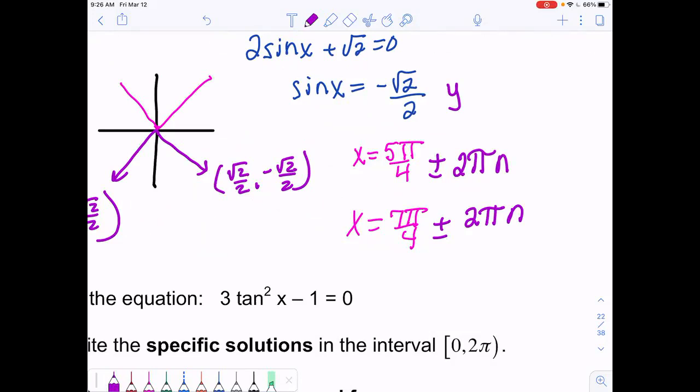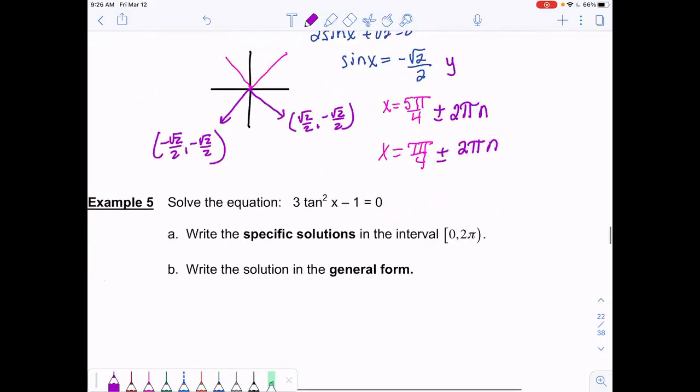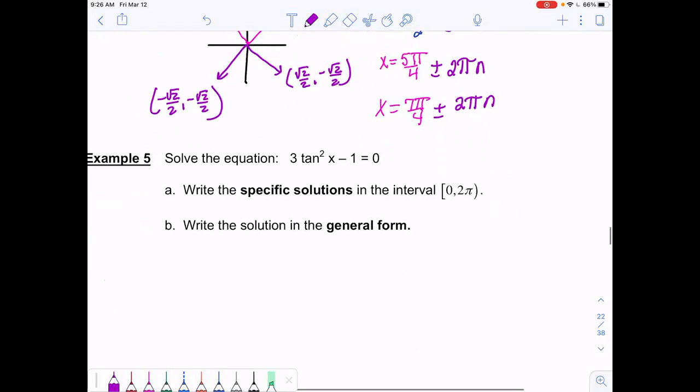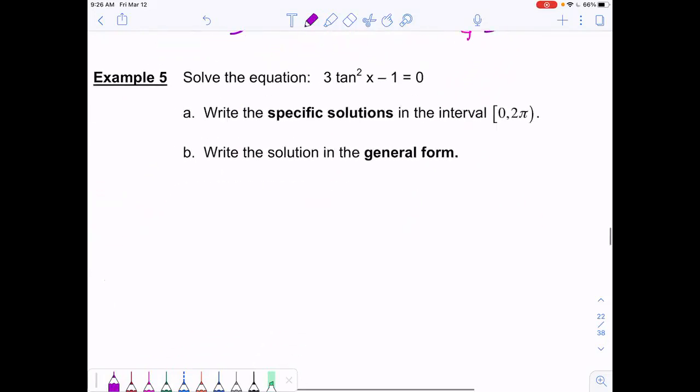So there's one final equation on here dealing with tangent, lovely tangent. 3 tangent squared minus 1 is equal to 0. Find the specific solutions and then the solutions in general form. Leah, what do you think you'd do first?